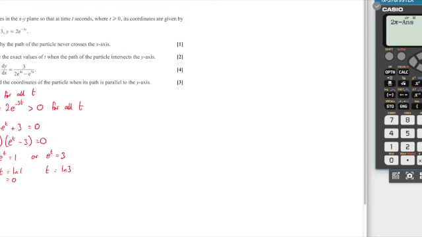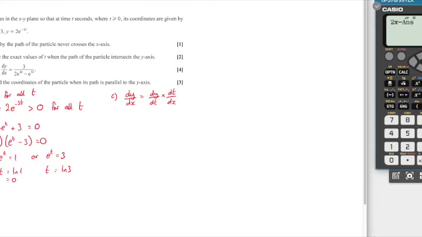Right, we want to show that dy by dx, so we need to differentiate this parametric equation. So we know dy by dx is dy by dt times dt by dx. So let's find those things.